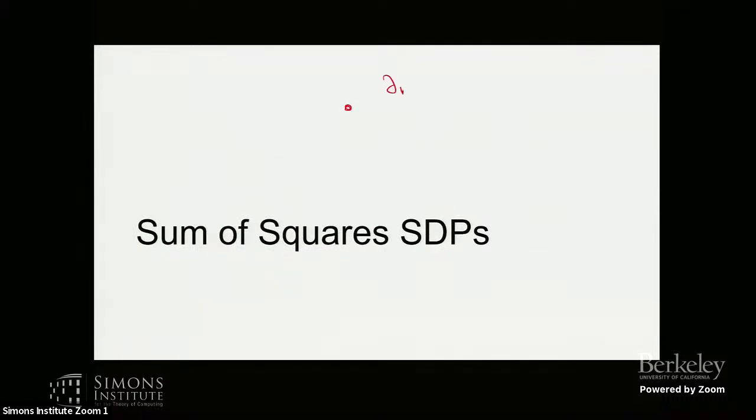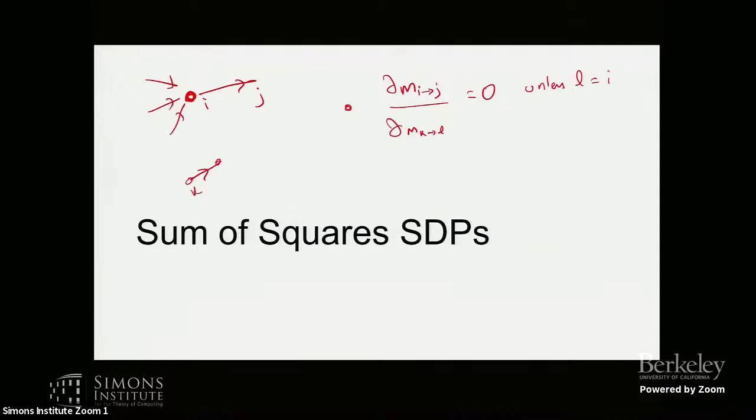If I look at the partial derivative of the message i to j with respect to k to l, this is 0 unless l is equal to i, because for every vertex, the output message is just a function of these input messages. So this is the output message i to j. It's just a function of edges that enter here. When you take a partial derivative with respect to some other edge somewhere, it will be 0. That's why you get this non-backtracking structure naturally.